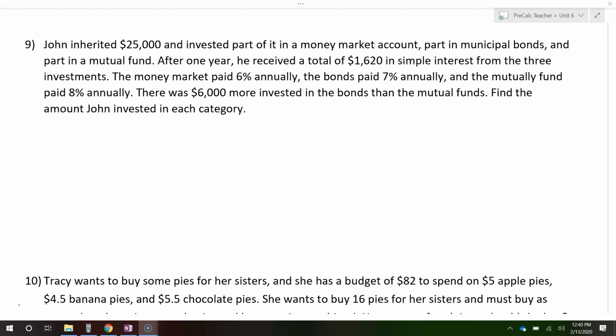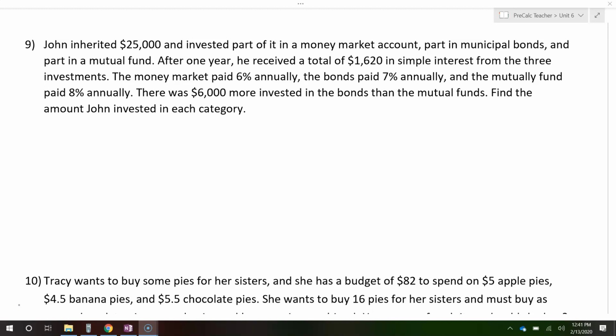In this video, I'm going to show you how to solve this word problem using matrices. John inherited $25,000 and invested part of it in a money market account, part in a municipal bond account, and part in a mutual fund.